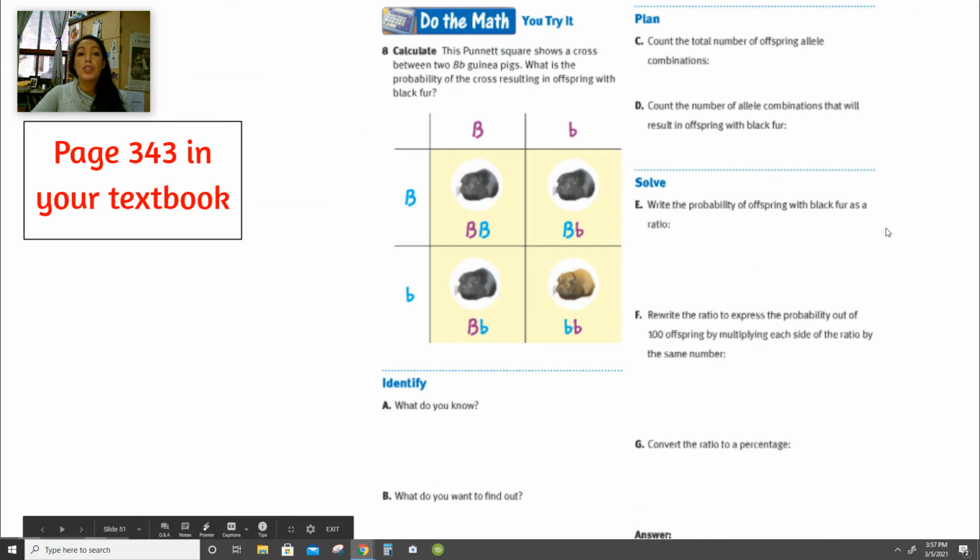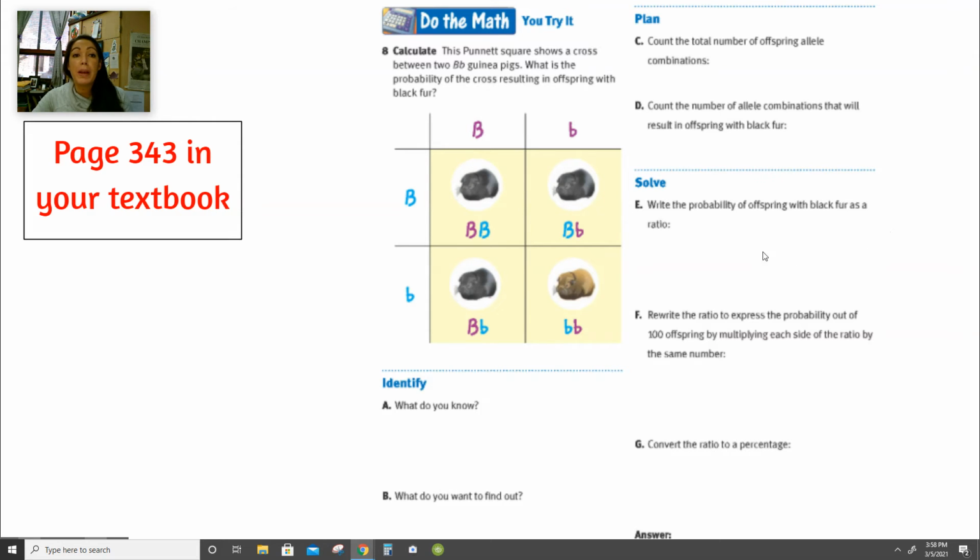Okay, so let's do our own example. It says this Punnett square shows a cross between 2 heterozygous, so capital B, lowercase b, guinea pigs. What is the probability of the cross resulting in an offspring with black fur? So what do we know?